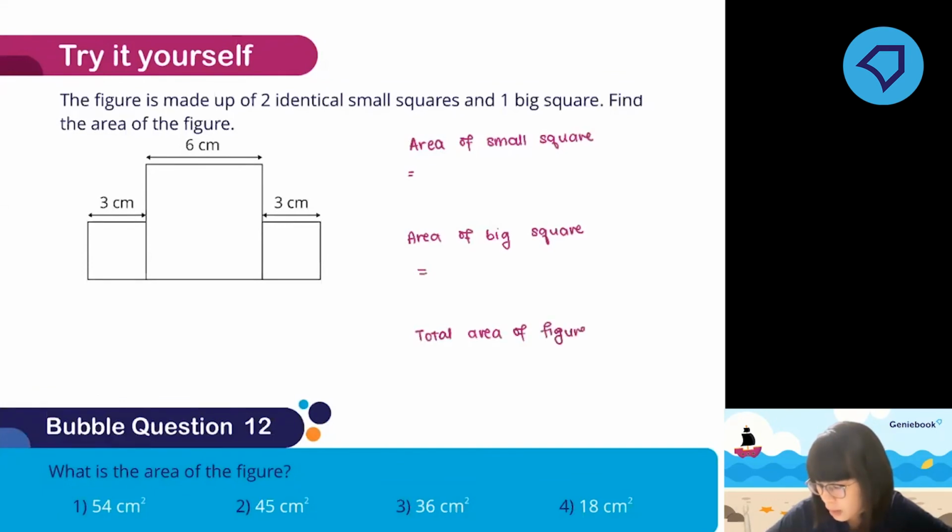Remember, the figure is made up of 2 small squares. So please make sure you add them correctly. I think you added the perimeter. I want the area. I want the area.